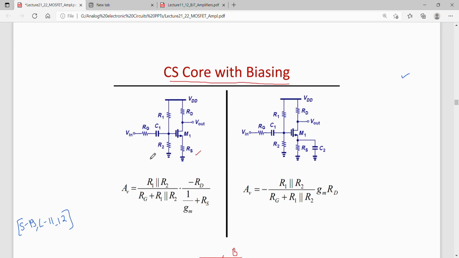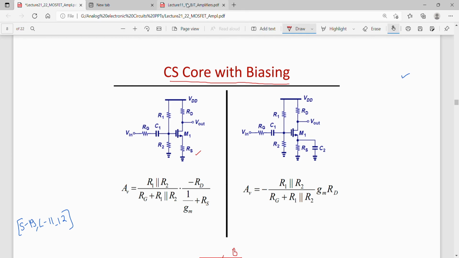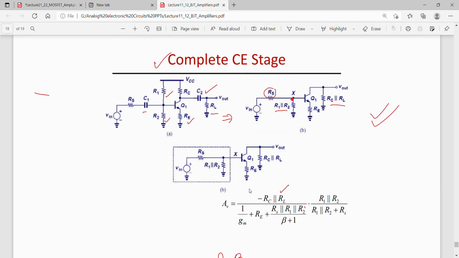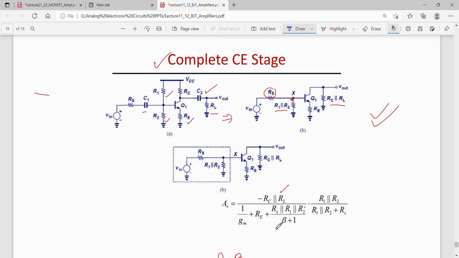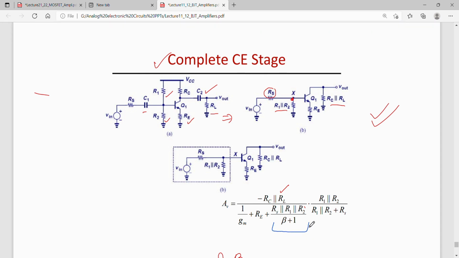Now the gain of this circuit using MOSFET can be written by looking at the gain of this circuit. The gain of this circuit using BJT was this much, where we had beta plus 1 also. In MOSFET we don't have beta, so the term which contains beta over here will be neglected when we are writing the gain equation for a MOSFET.